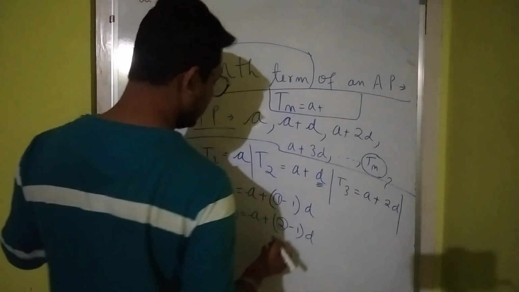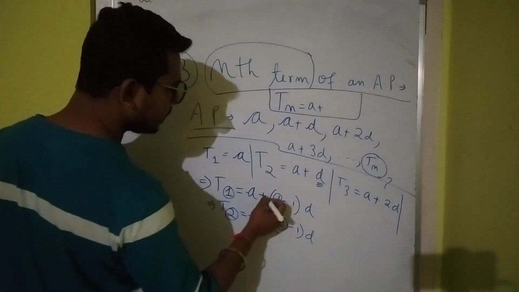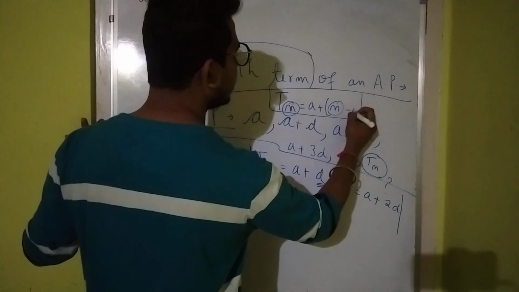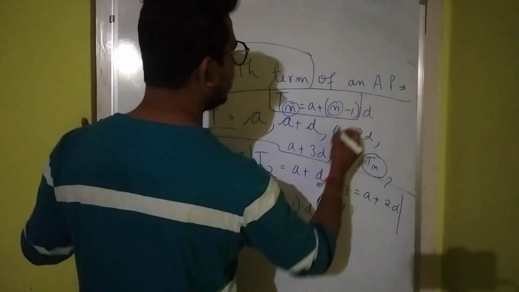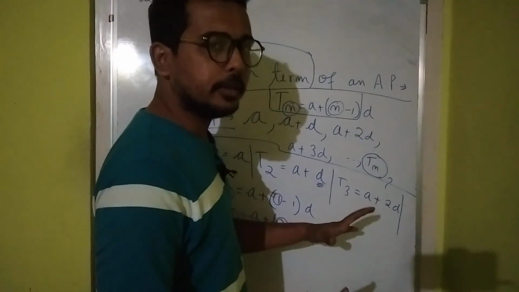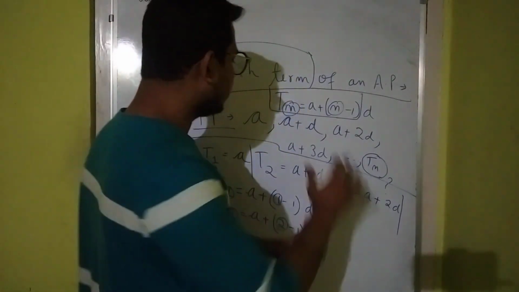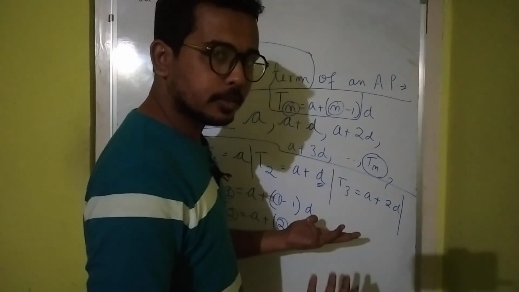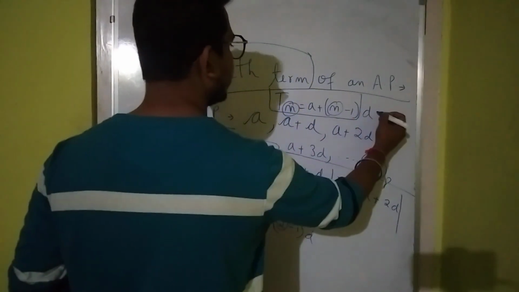A plus 2 में 2 minus 1, 1 में 1 minus 1. So n में क्या होगा? n minus 1 of D. So this is the nth term of an AP, of any AP I can say. If they are in this form, they will always be in this form, isn't it? So this is the nth term.